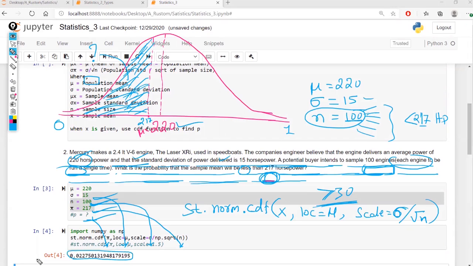So if I multiply with 100, you can get it in a percentage. So that is the probability of getting a sample mean, or the horsepower sample mean for these samples, less than 217, right? So that's how we can calculate the probability. And yes, this is all about this problem statement.